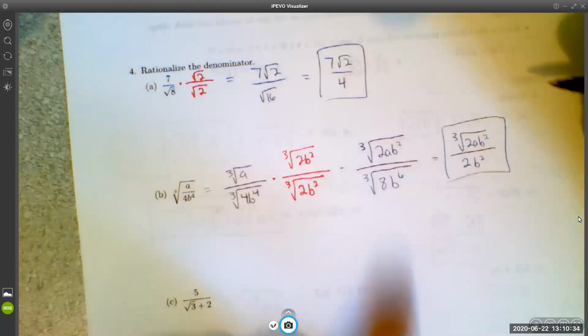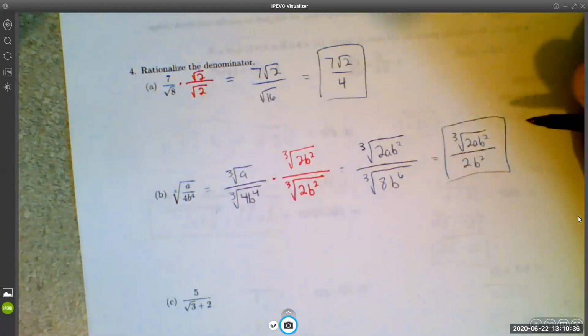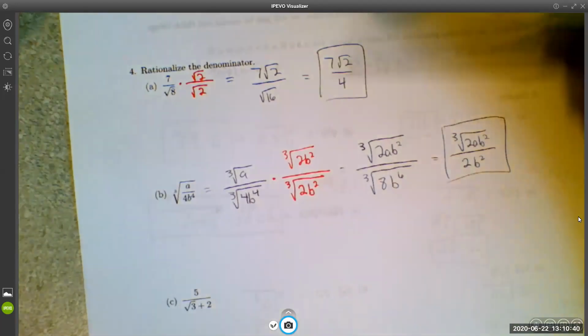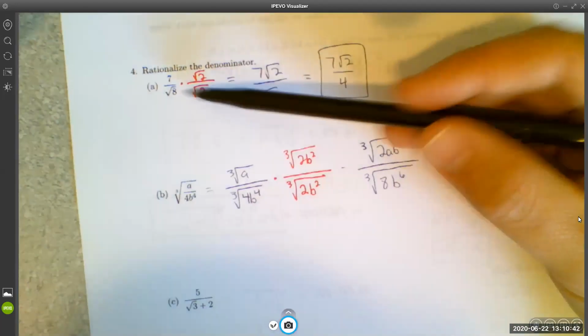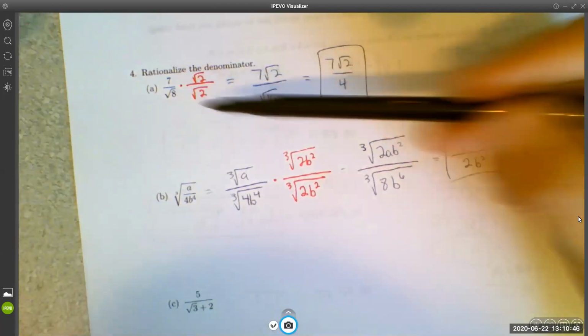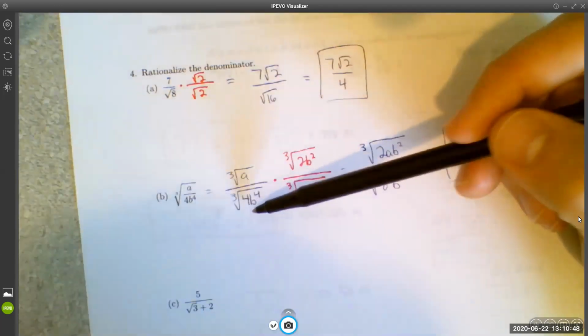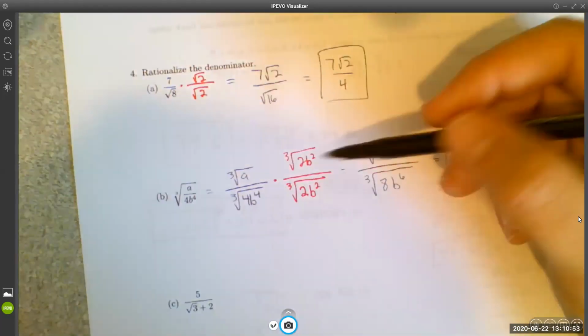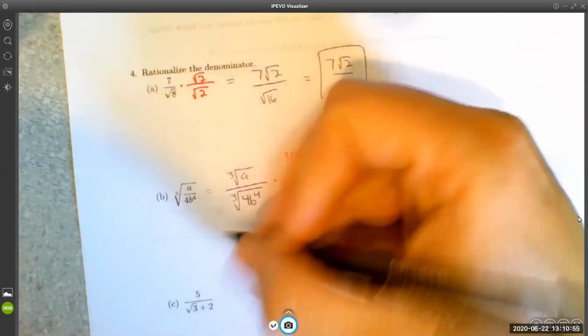Now here I should pause to warn you, okay? Because I said when we were doing part A that you could always just multiply by this same number to rationalize. That's true when you have square roots. It's not true when you have cube roots. Like if I had multiplied by the cube root of 4b to the fourth, I wouldn't have gotten a nice perfect cube. Watch.